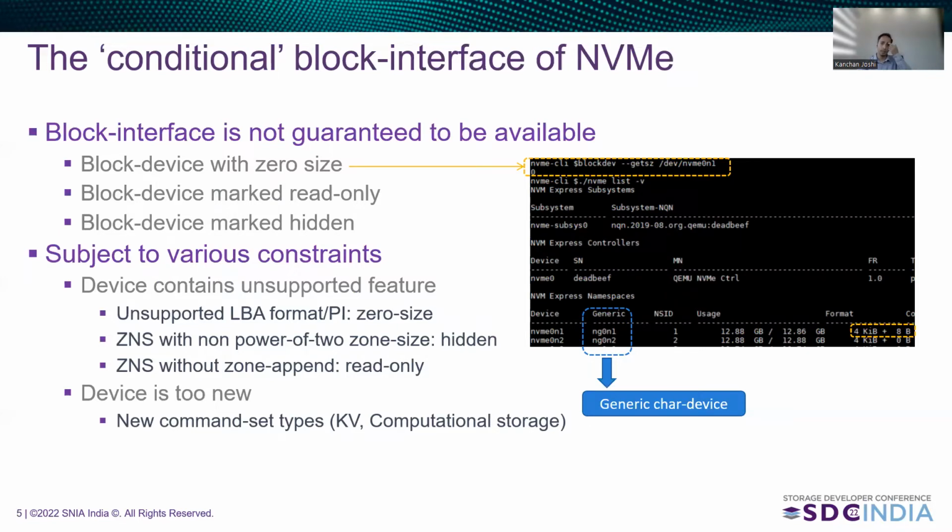A ZNS drive without Zone Append is shown as read only. And for a ZNS drive with non-power of 2 zone size, the block interface won't come up at all. And the same happens for NVMe devices with new command sets, other than NVM and ZNS, I mean.